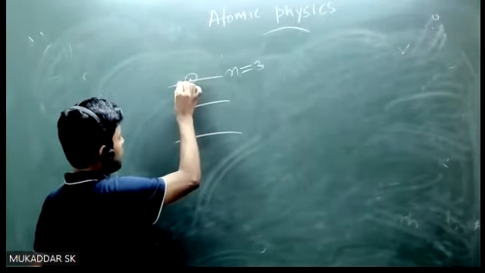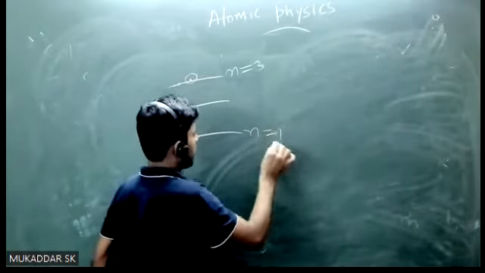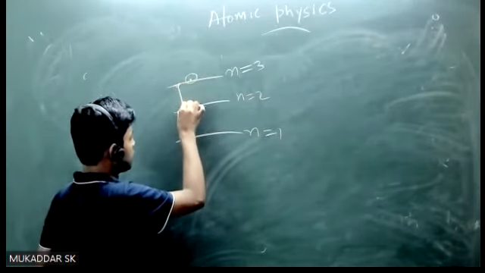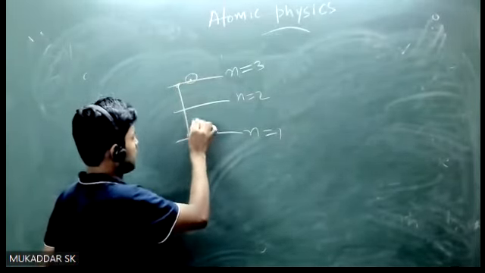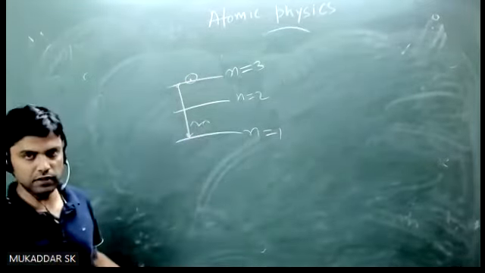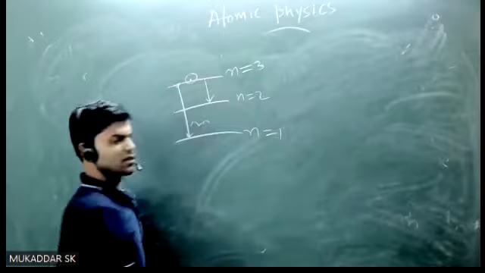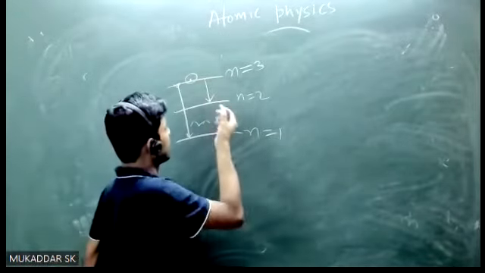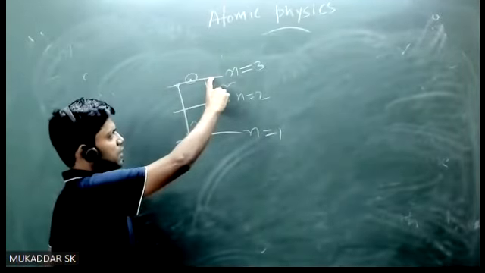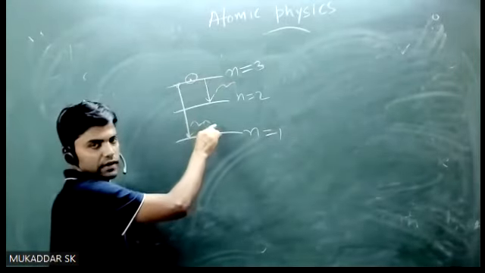Suppose the electron makes a transition, this is n equals 1 and this is n equals 2. When the electron makes a transition from n equals 3 to n equals 1, you get one photon with some energy or frequency. It can make a transition from n equals 3 to n equals 2, then you get another photon with a different wavelength or frequency, because this energy gap is the energy of the photon.